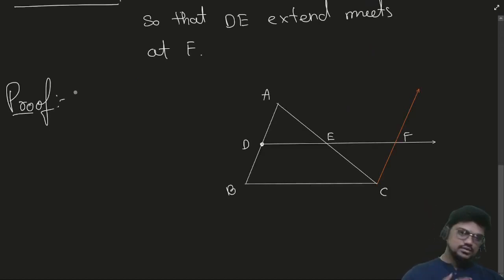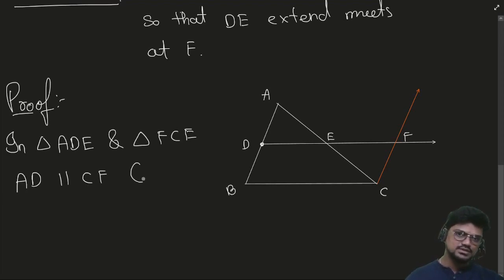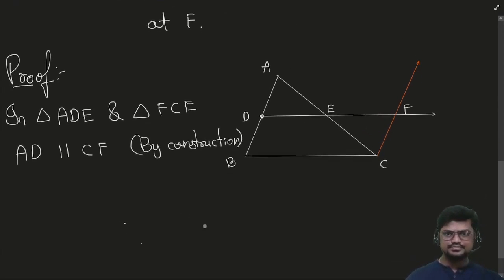Now in triangle ADE and triangle FCE, in these two triangles, we know that AD is parallel to CF. Why? Because by construction. We know this by construction that the two lines are parallel.